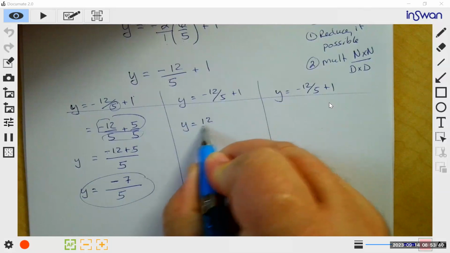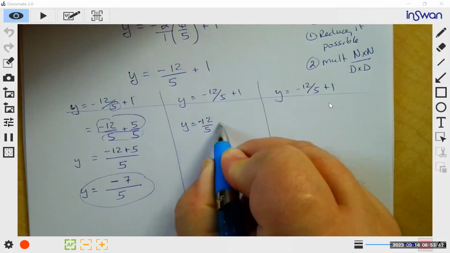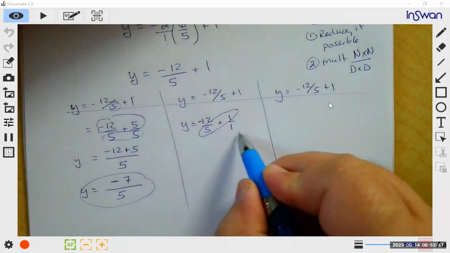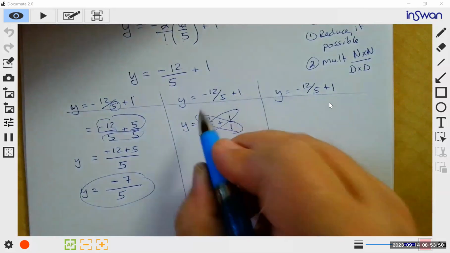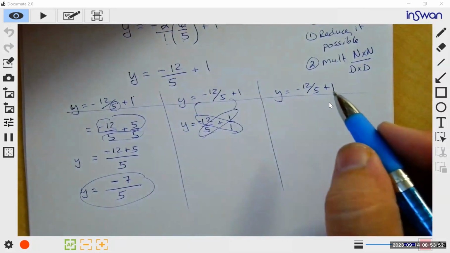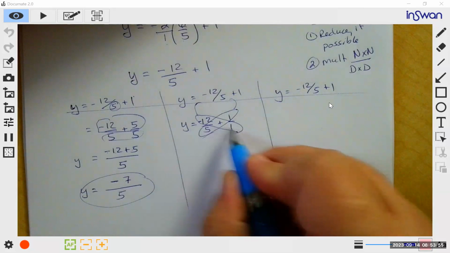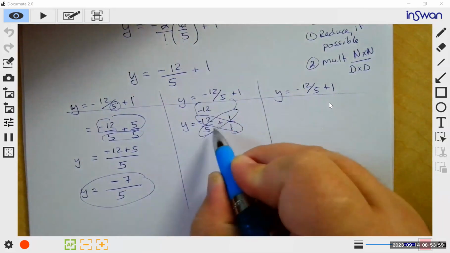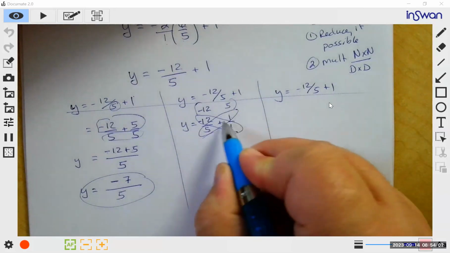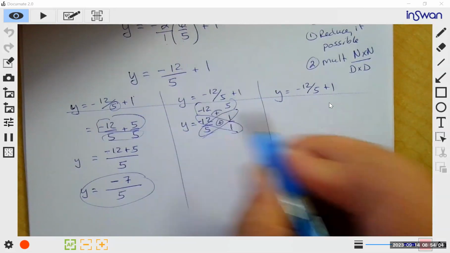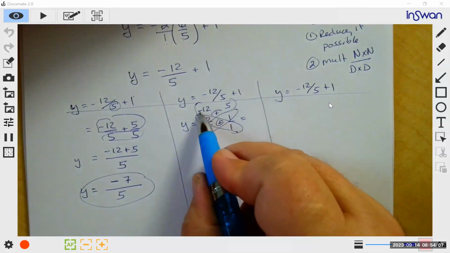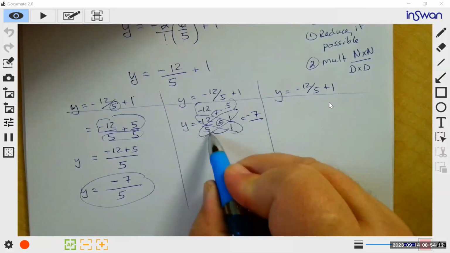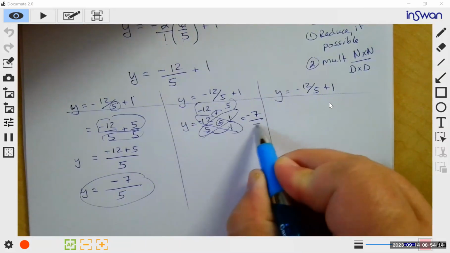Another way you can add fractions is the butterfly method. Multiply the diagonals. 1 times negative 12 is negative 12. 5 times 1 is 5. And you add them. So negative 12 plus 5 is negative 7. On the bottom, just multiply. 5 times 1 is 5.